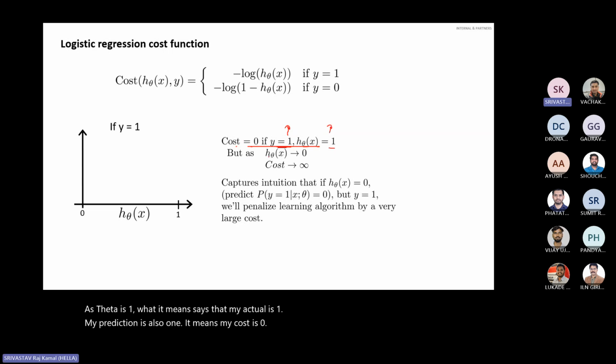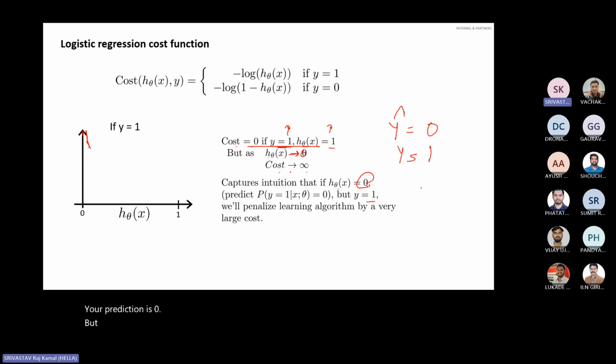But as s theta x tends to 0, it means your cost is infinity. So this says that if your prediction is 0 but the actual is 1, you're going to have a higher penalty here. The cost is going to be very high.